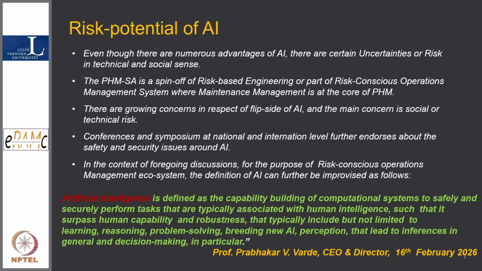That typically includes, but is not limited to, learning, reasoning, problem solving, breeding new AI. In fact, developing AI is itself breeding, generative AI we can call it, a new tool. Perception is a very important phenomenon when it comes to plant management, that leads to inference in general and decision making in particular.